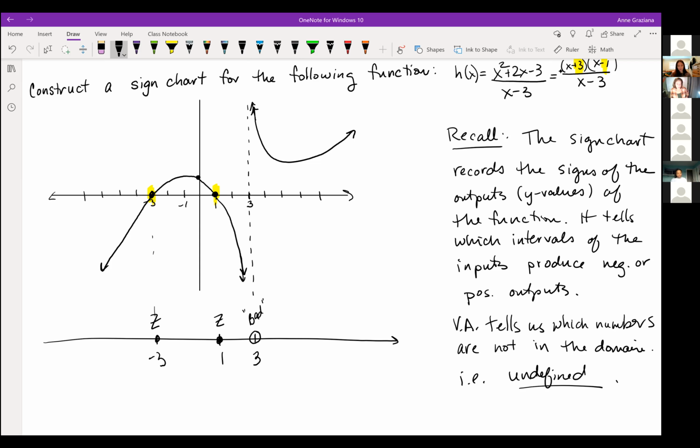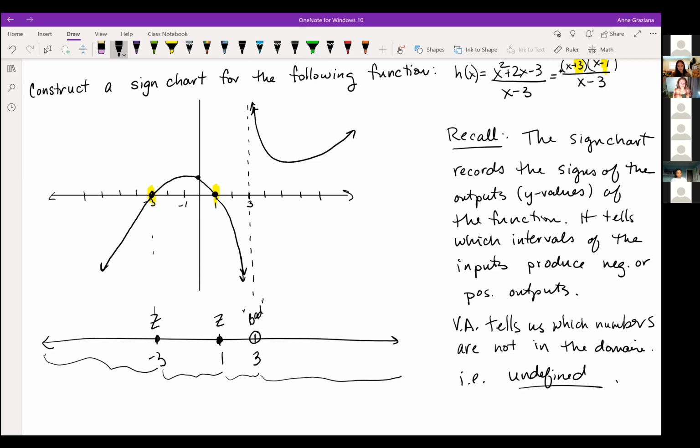So on my sign chart goes my zeros and my bad numbers or undefines. Okay, now let's do some recording. From this is one interval. So this is one section, 2 sections, 3 sections, 4 sections. So I have 4 sections to record. In between each of these, I have to tell whether or not my outputs are positive or negative.